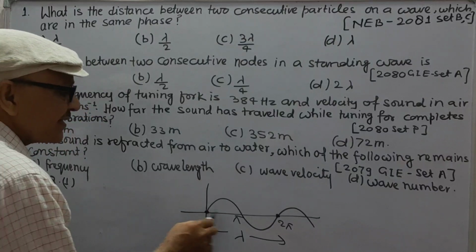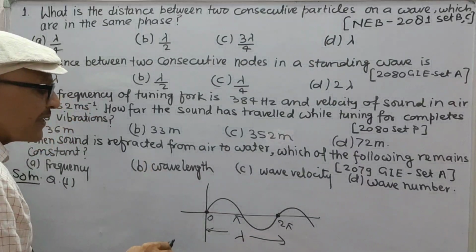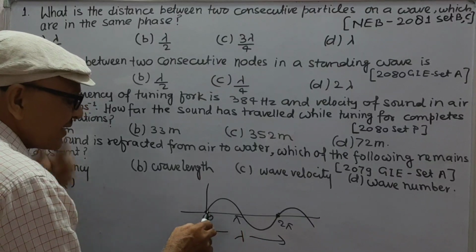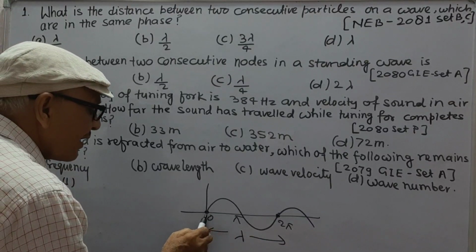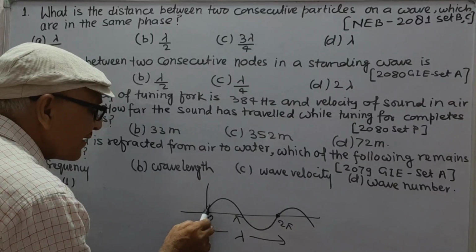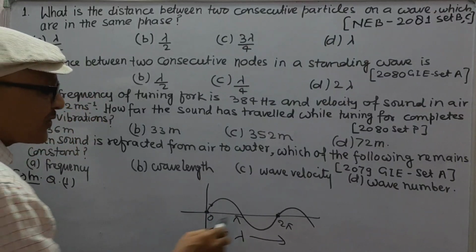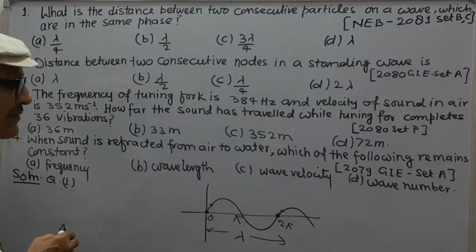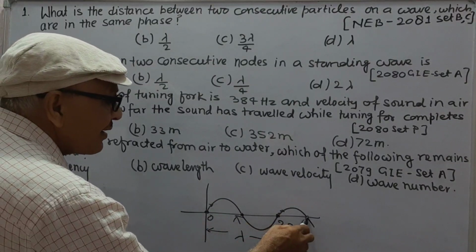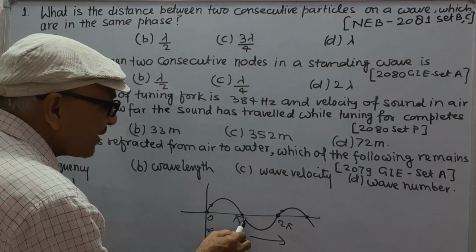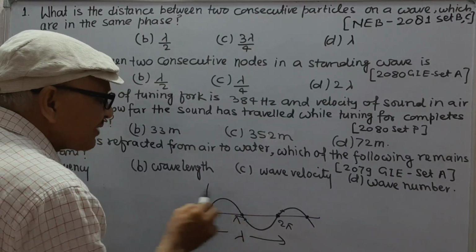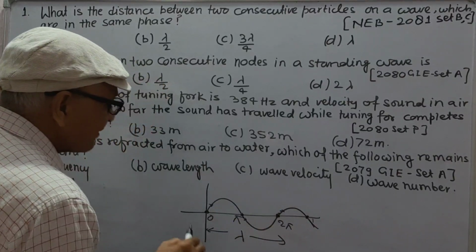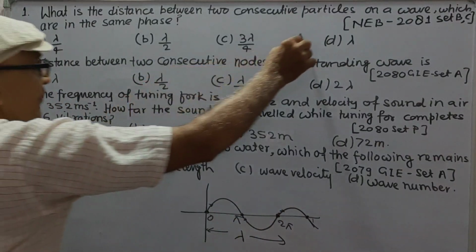Clearly the particles at these 2 points will be in the same phase and will be spaced by distance lambda, because when angle increases displacement is positive, when angle increases displacement is positive. Similarly these 2 points will be in the same phase, because when angle increases displacement is negative and when angle increases displacement is negative. So the correct option will be D.